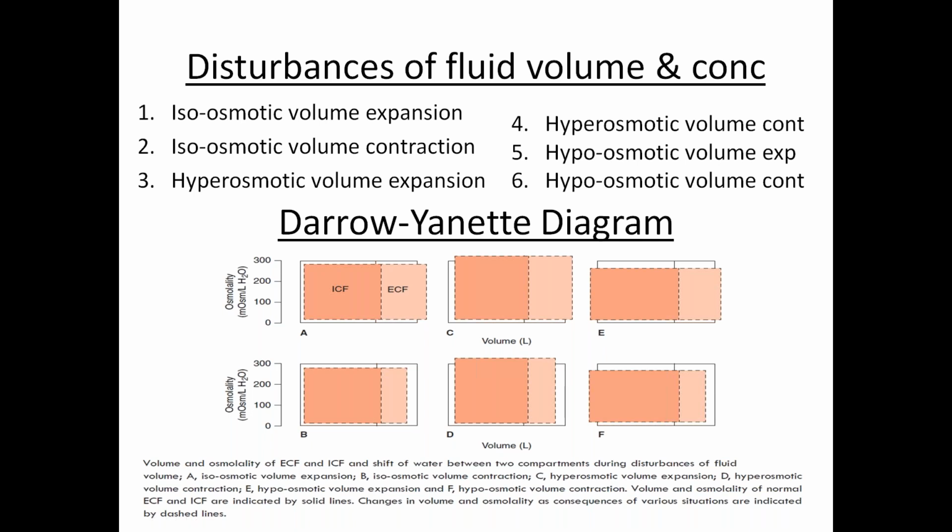I hope it is, because then we can move on to the last situation here, the last disturbance which can occur, which is a hypoosmotic volume contraction. ठीक है, ये किस situation में होती है? When there is loss of sodium chloride or hypotonic fluid from the body. ठीक है, ये कब होता है?